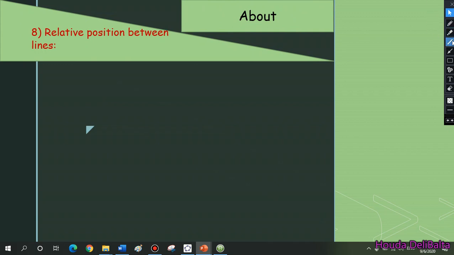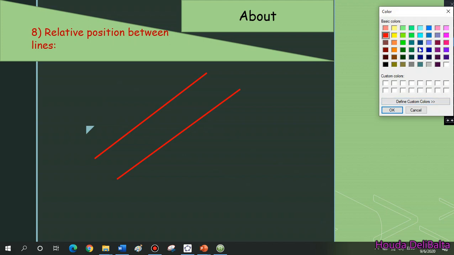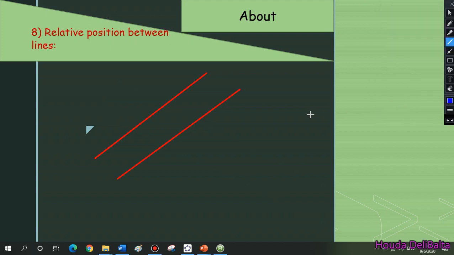Let's see. I can have parallel lines, or I can have intersecting lines.